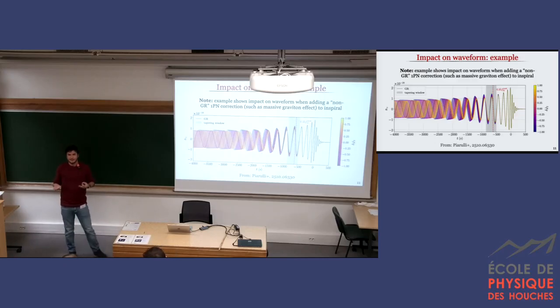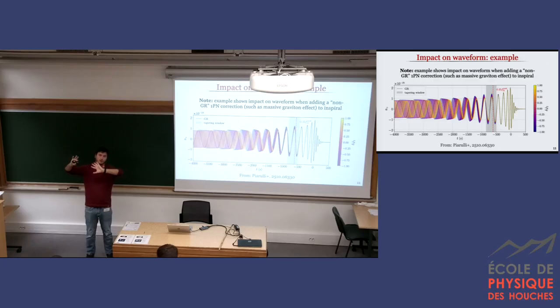But a full beyond-GR theory will probably not be something like that, right? It will modify here, perhaps it will modify the merger ringdown, etc. So this is, let's say, the caveat of these parameterized tests, where you're just adding a correction in a given part of your signal. So even though you're doing that and you can constrain it, you're not really using the full power of constraining the full waveform in reality.